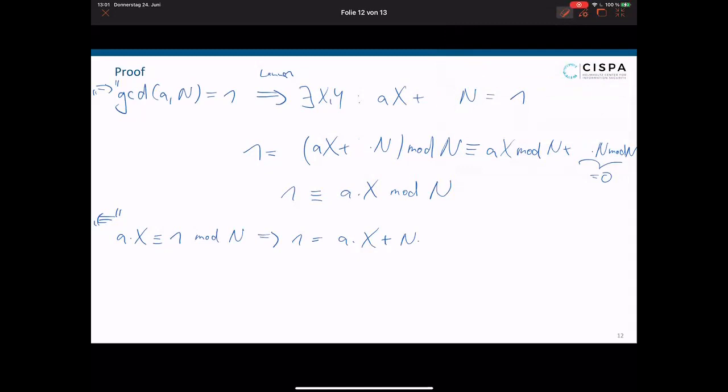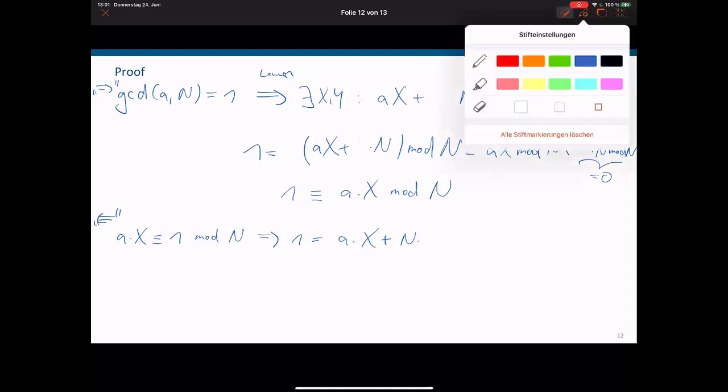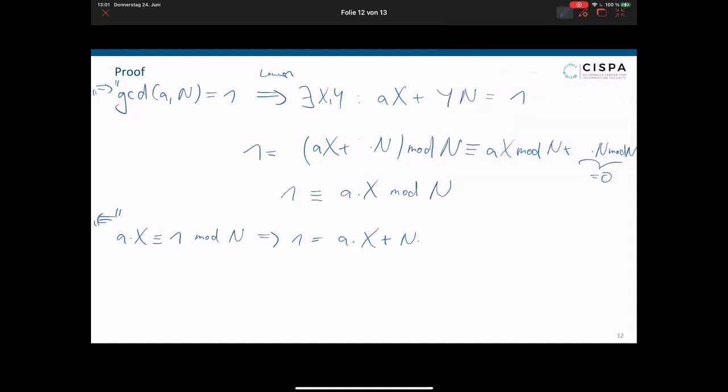This shouldn't be b, this should be y. I should have written y here. Tell me when I do these blunders. So n times y, just from the definition of congruence.